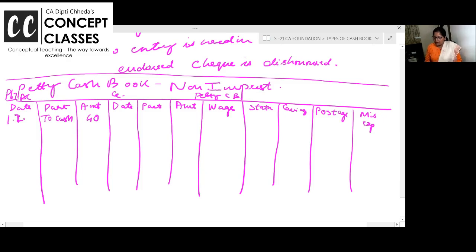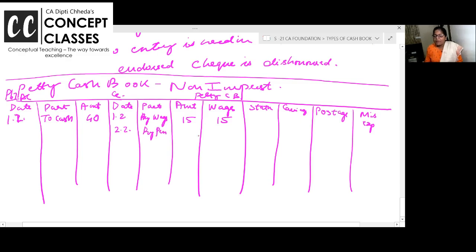Now, I am paying wages to the chowkidar. So now come on this side. On the very 1st of February, I am paying by wages. By wages, 15 rupees, write it in the wages column. This is, the petty cashier will maintain the detail. 2nd of February, by pencil.